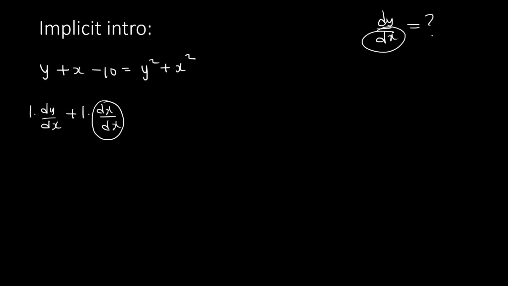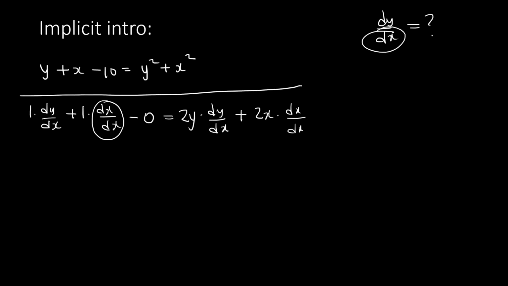The only time you put dy dx is if you differentiate y. If I differentiate a constant, I get 0. If I differentiate y squared, I get 2y dy dx. If I differentiate x squared, I get 2x. This step is not necessary. This is how you're going to do it.